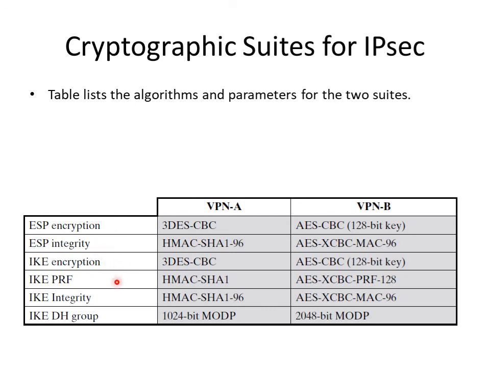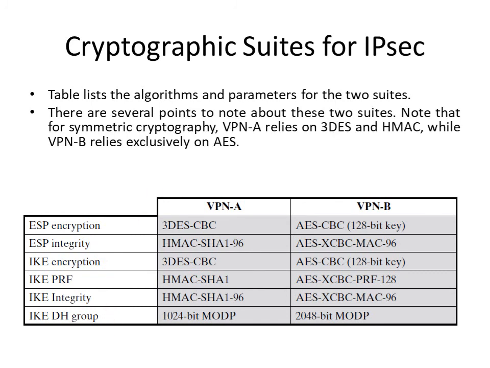So these are all the algorithms, and this table shows exactly which algorithm is used for encryption: 3DES CBC for VPN-A, and VPN-B uses AES CBC, and so forth. These are the different algorithms used for encryption, integrity, and so on.